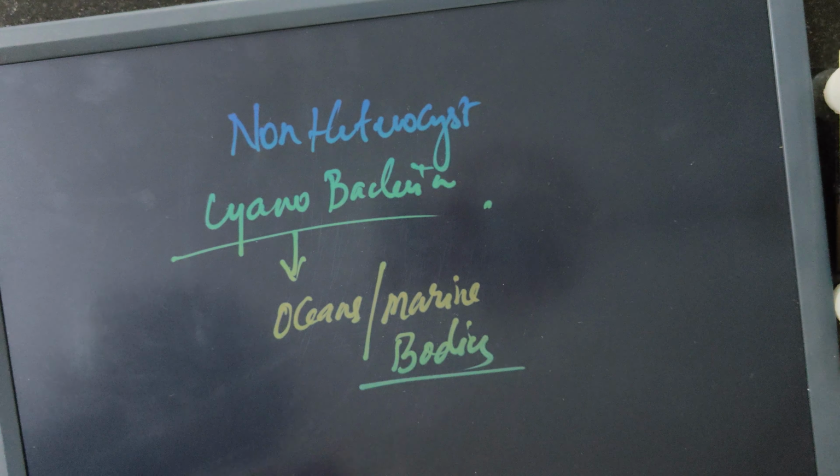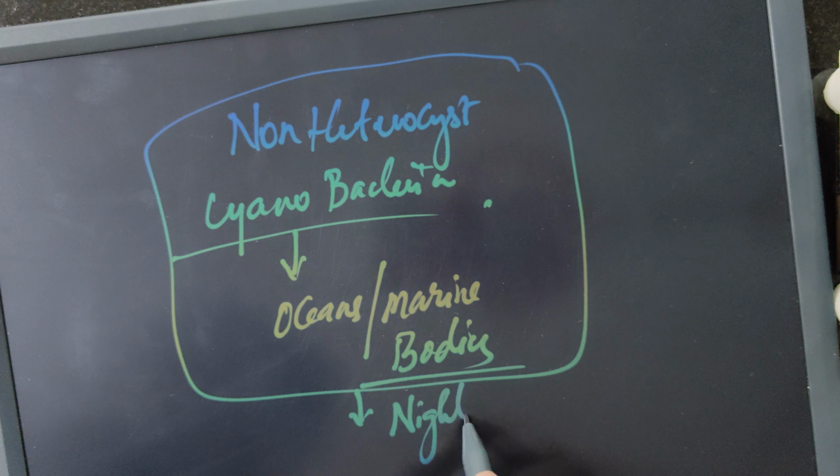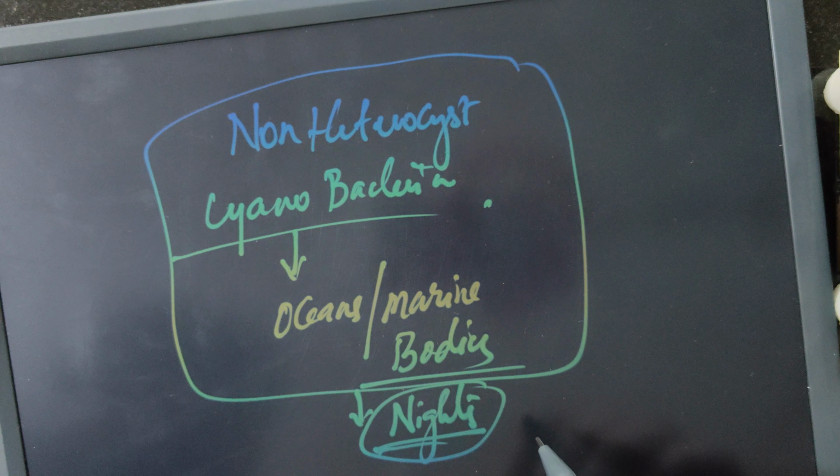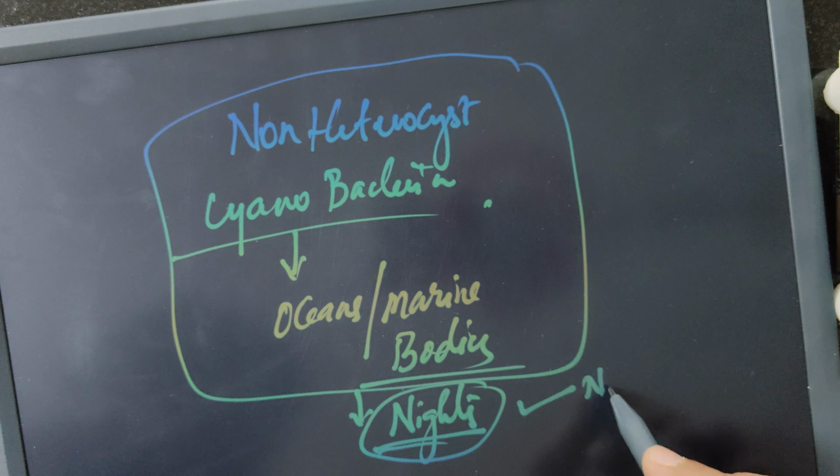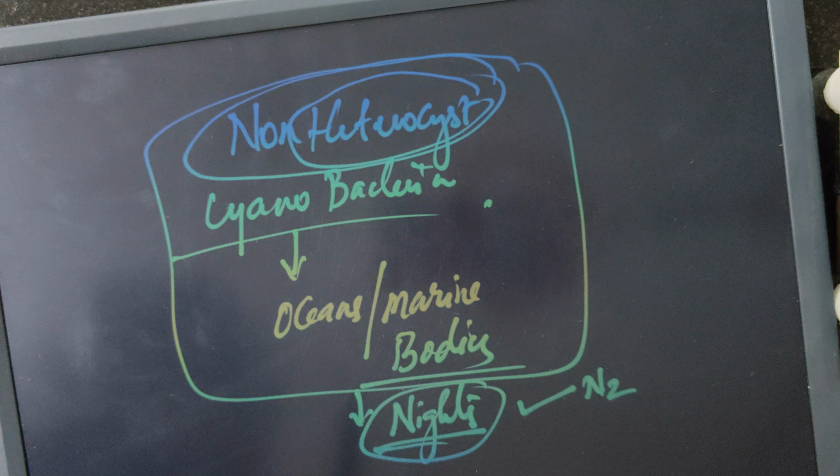In this condition, they are capable of fixing the nitrogen during nights. In the absence of light, they try to fix nitrogen, which means there are two types. One is heterocyst, another one is non-heterocyst.